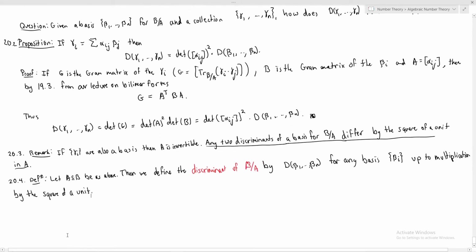So 20.5 remark. Note that when A equals Z, the discriminant is a well-defined integer.